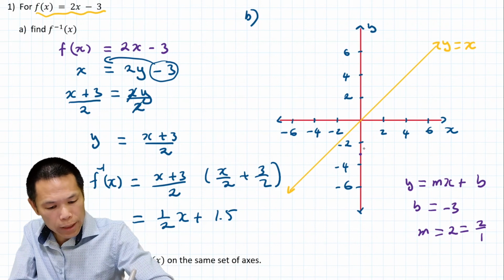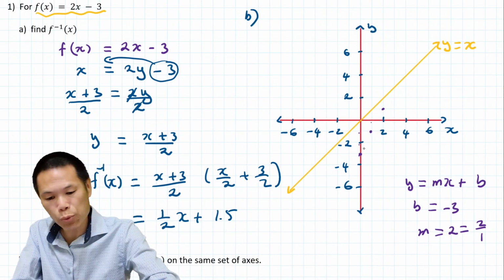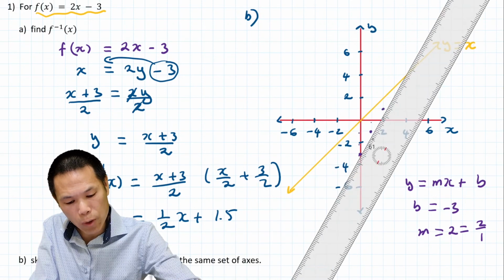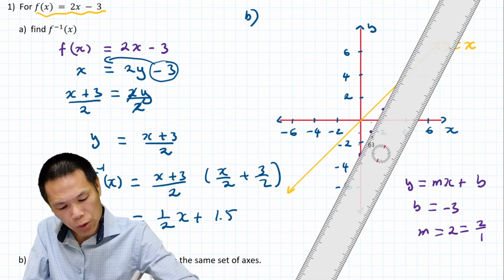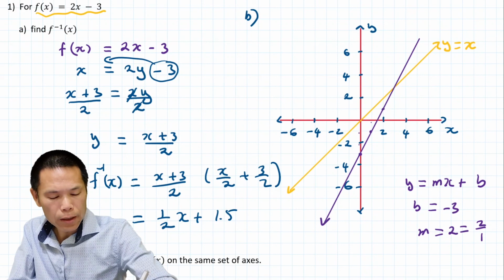We know the y-intercept -3 is here, so it goes up 1, 2, across 1. Okay, that would do. I just join these points together. Or you can use the x and y-intercepts, of course. There you go. So this is f of x.